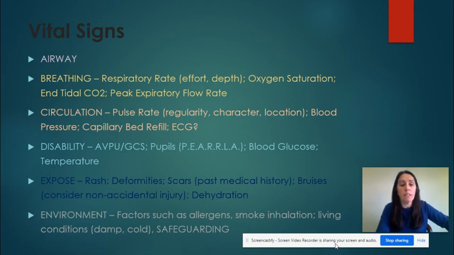All right, the next thing I want you to be thinking about when you expose is dehydration. We've already talked about dehydration in terms of blood pressure. There are other signs for dehydration. So we're thinking about, first of all, the history, urinary signs, symptoms, urinary history.